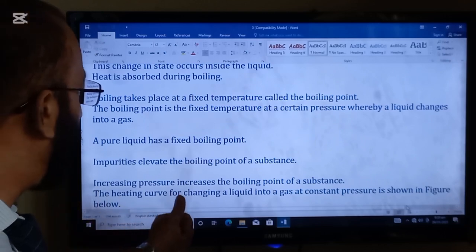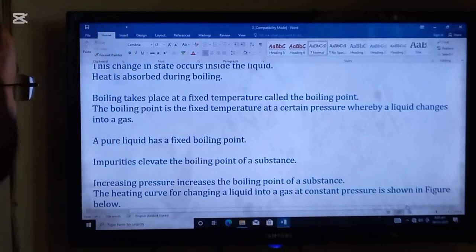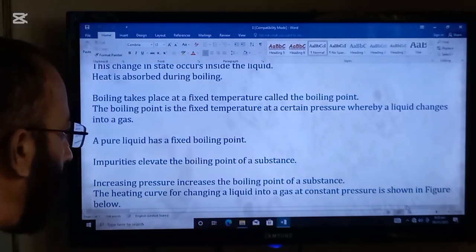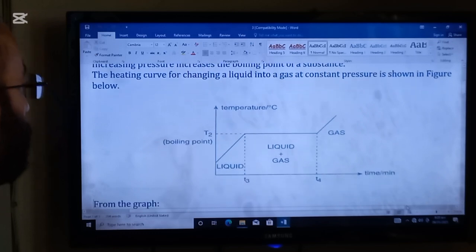Increasing pressure increases the boiling point of a substance. The heating curve for changing a liquid into a gas at a constant pressure is shown in the figure below.